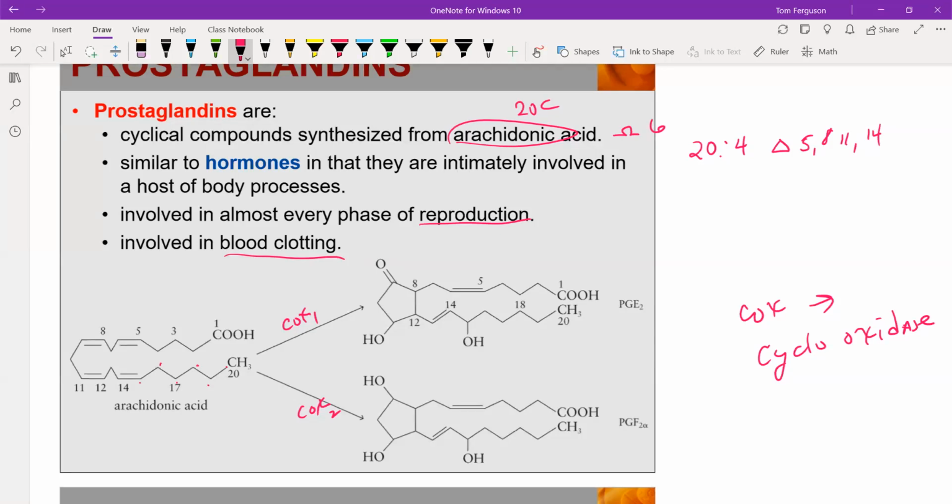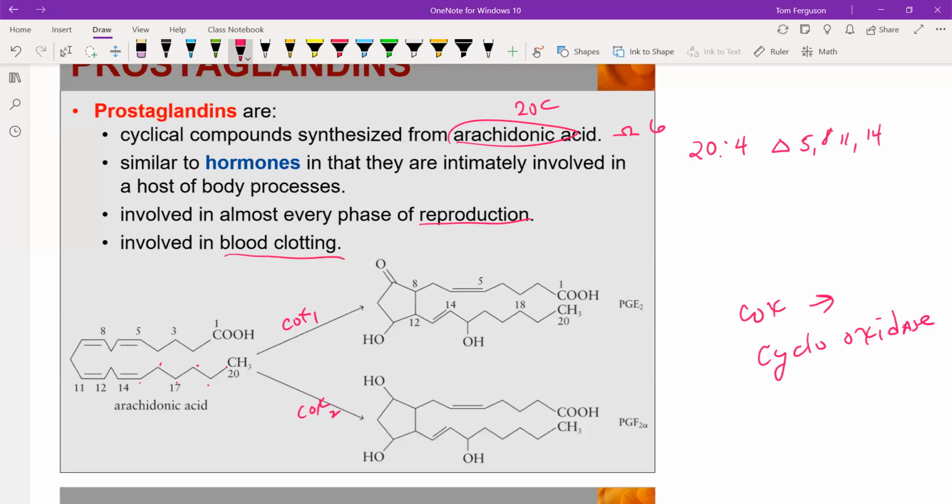So basically, it takes this arachidonic, long fatty acid, where it's bent in the middle here, because of all these cis double bonds, and it makes these two slightly different prostaglandins.